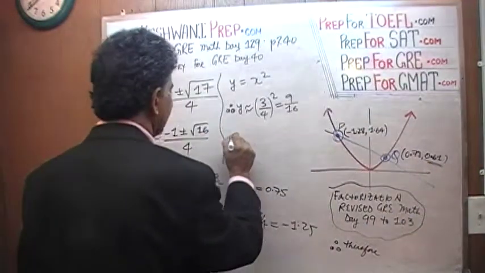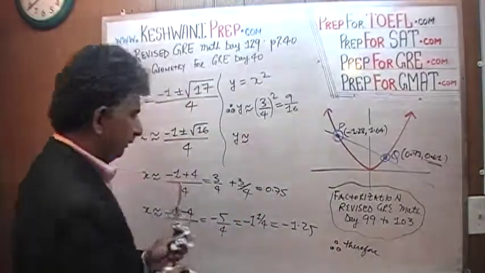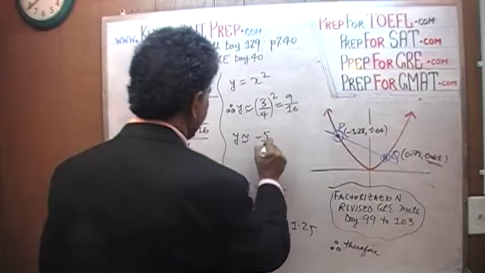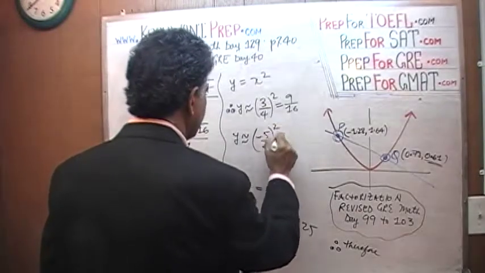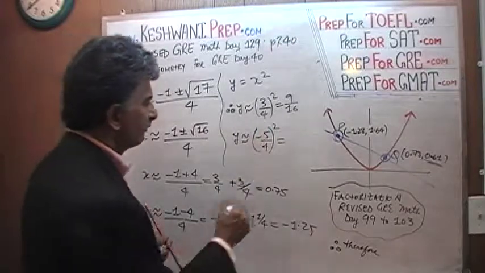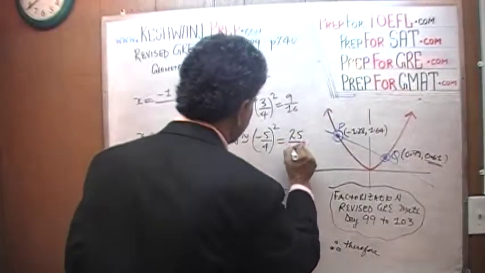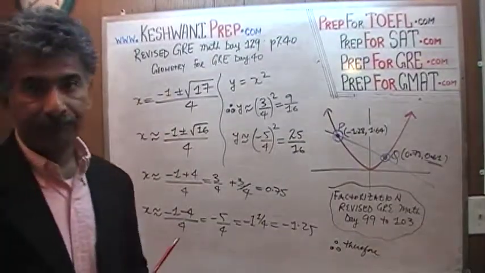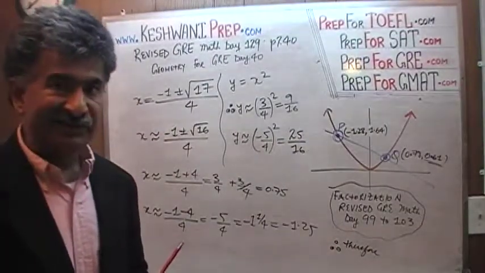Now let's do the next one. Y is approximately equal to, now we're going to use negative 5/4. Negative 5/4 squared. First thing we notice is that since it's negative, even though it's negative 5, when we square it, the negative is going to disappear. It's going to be 25 over 16. Again, that's the approximate value of y. 16 over 16 is exactly 1.